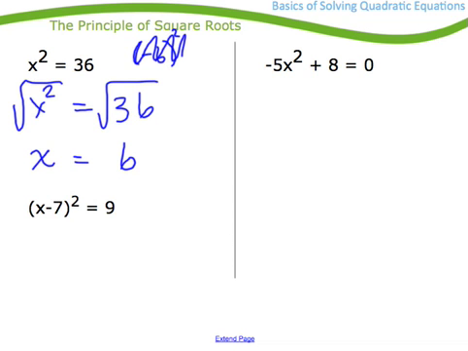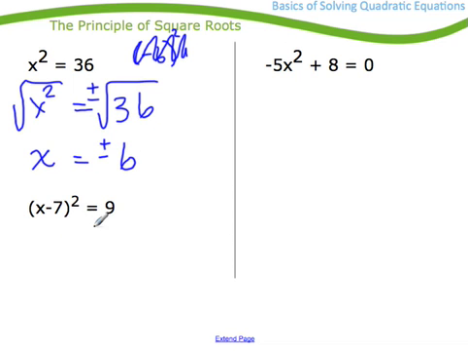So whenever I use the principle of square roots, I need to remember that I put a plus and a minus on this right-hand side. Okay, so my answers for this question will actually be plus or minus 6.